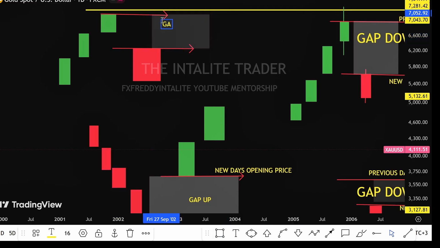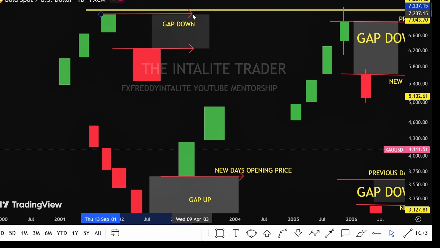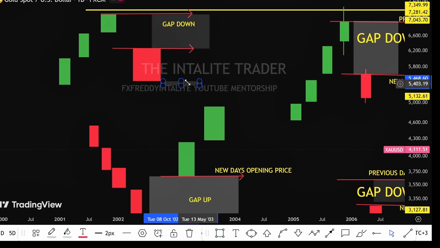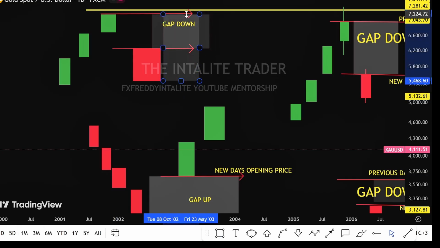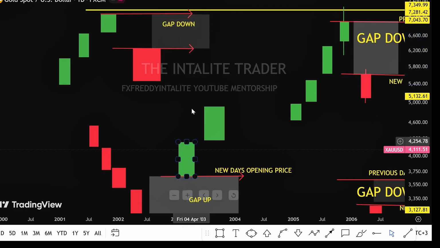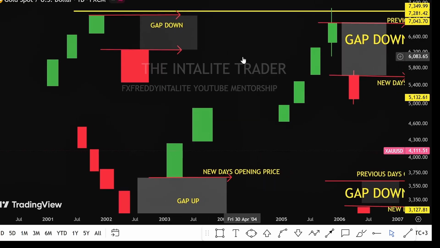The market can go back to fill the gap, or because this candle opened here, we expected another candle to open and continue higher. So if this candle opens and goes back to fill this gap, we call that a gap fill. So you can expect a gap fill to occur in such candle patterns.